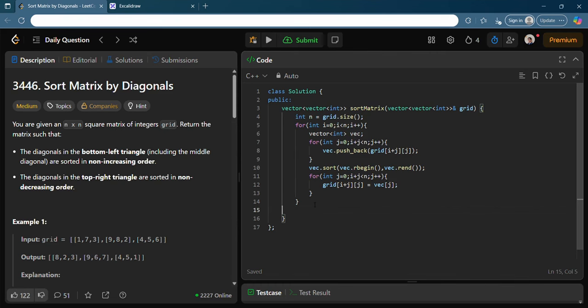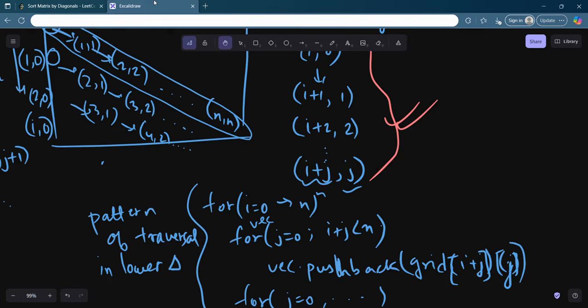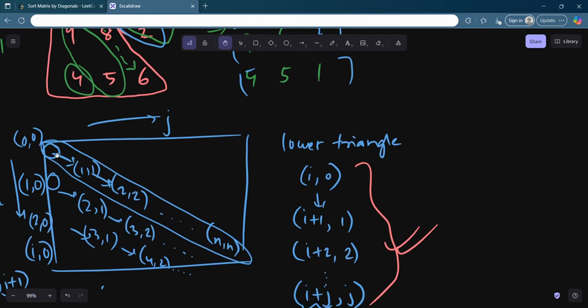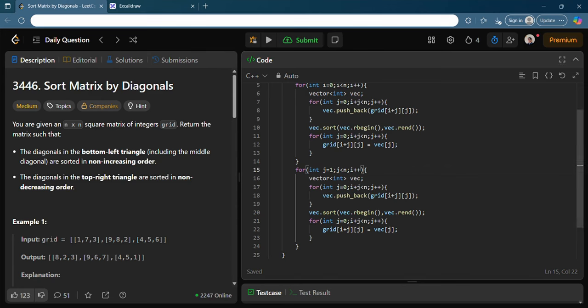And for the upper triangular, what you need to do, as I just told you, is start with j, and j will be starting from 1 instead of 0. Why? Because the first element, instead of being 0 comma 0, in the upper triangle is 0 comma 1, and in general it is 0 comma j. So j will be the outer variable, and i will be the inner variable which we would want to iterate.